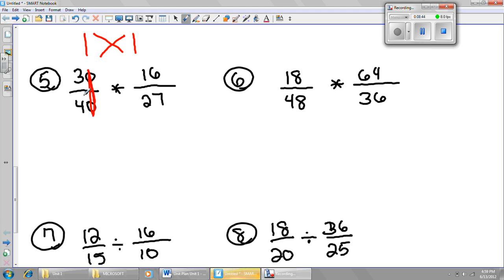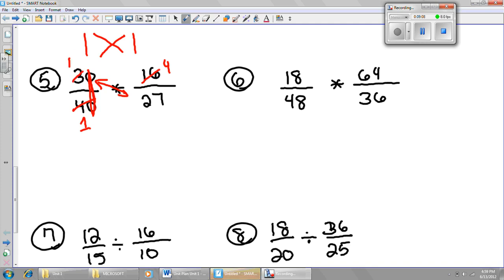Divide both by 10. I saw that one first. Then I see the 4 and the 16 can simplify. So the 4 is going to turn into 1, the 16 into a 4. What did I do? I divided 4 by 4 to get 1, 16 by 4 to get 4. All right, now I can look this way, and I can see that 3 and 27 will reduce.